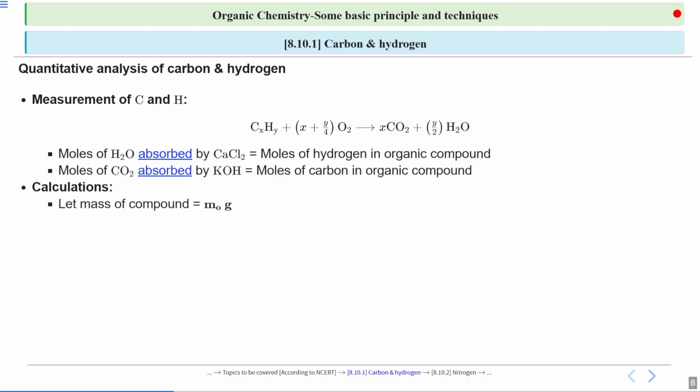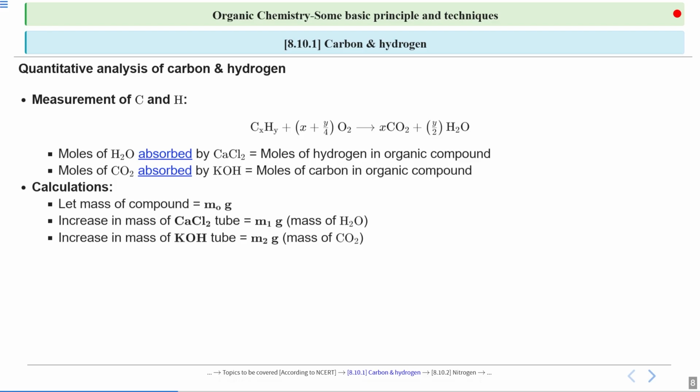So first we define the mass of the original compound we are analyzing. Let us call this m naught grams. Next we look at the increase in mass of the calcium chloride tube, which we will call m1 gram. This increase represents the mass of water produced, and from this we can find out how much hydrogen was in the original sample.